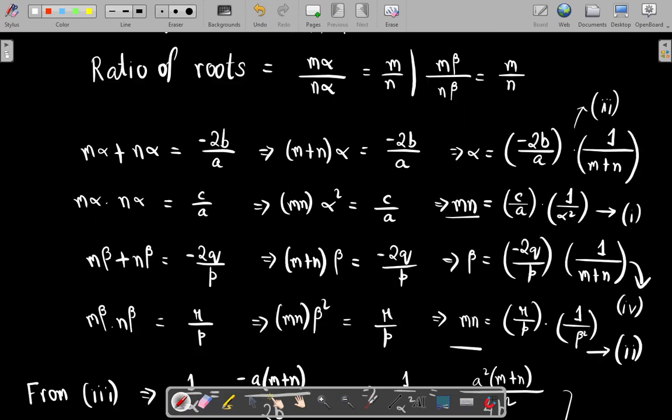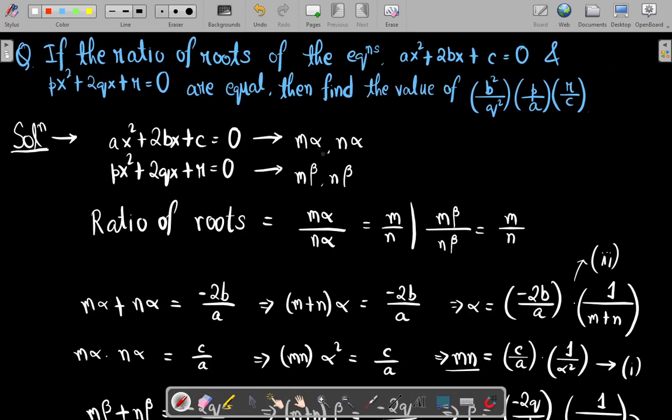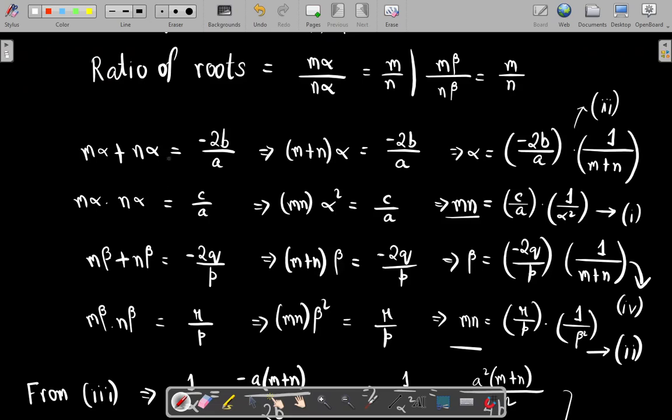For this question, basically I have just used the ratio of roots to be equal. So I took the roots as m alpha and n alpha in the first equation, and m beta and n beta in the second equation, and just used the sum of roots and product of roots for these 4 cases.